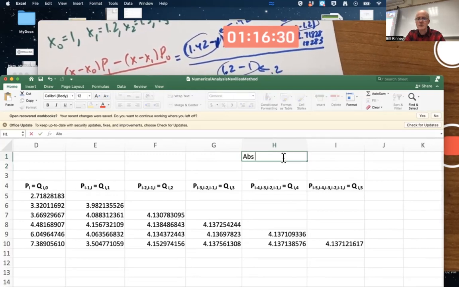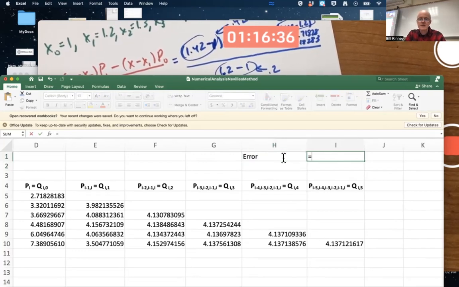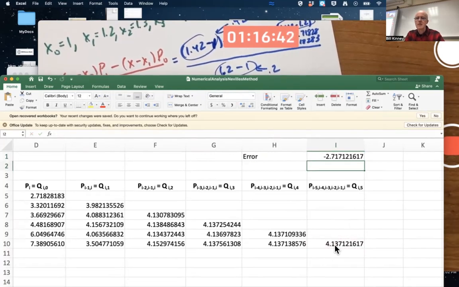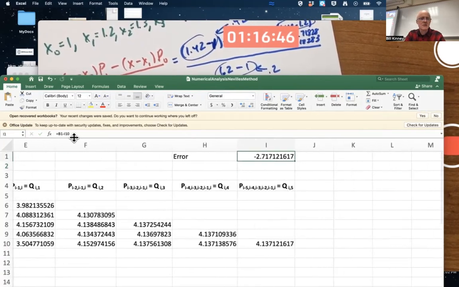Absolute error, or just error. I'll just call it the error, which could be positive or negative. It's the actual value, which is in cell B2, minus this approximation. On the order of 10 to the negative 6 with the negative sign. Actual minus approximate is negative. The approximation is slightly too big.